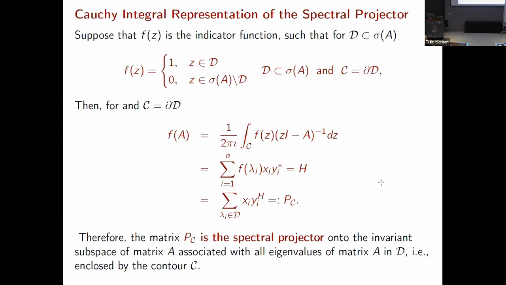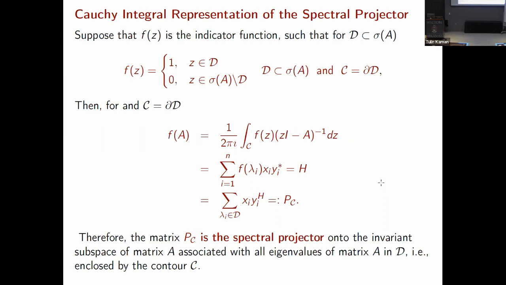Now let us suppose that f of z is a very specific function. It's an indicator function such that f of z is equal to 1 if z is inside the contour, and 0 outside, in the region which is not contained in the spectral domain that we are interested in.